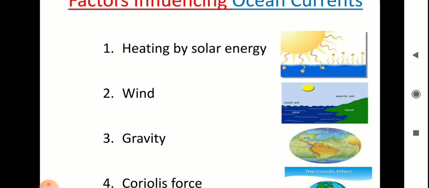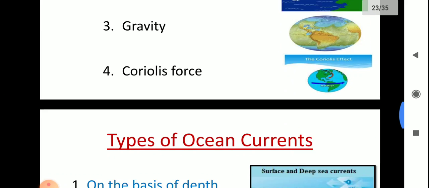Therefore the height of water at the equator is 8 centimeters more than at the pole, and because of this slope you have the movement towards the pole. That takes place as simply as that. Next is gravity.